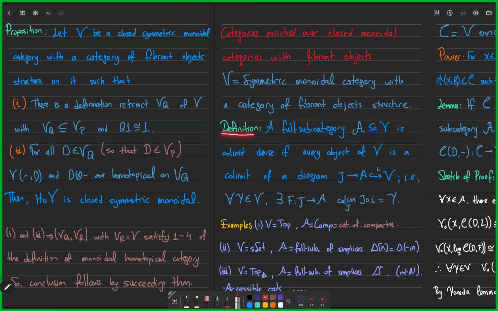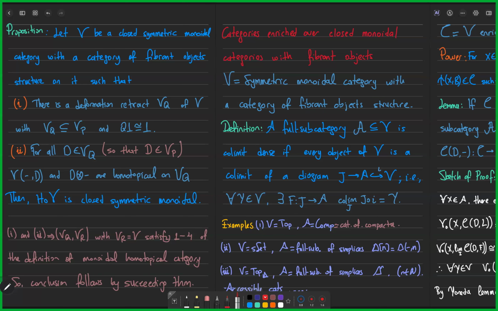So, definition: we say a full subcategory A of V is colimit dense if every object of V can be obtained as a colimit of a functor into A. In other words, V is generated by objects of A under colimits. Then we call it a colimit dense subcategory.